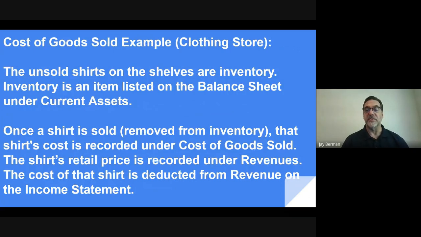But for the time being, just understand that any good that's unsold, from food to cars, is considered inventory. Now, once a shirt is sold, in other words, removed from inventory, that shirt's cost is recorded under cost of goods sold. The shirt's retail price is recorded under revenue, and then the cost of that shirt is deducted from revenue on the income statement.